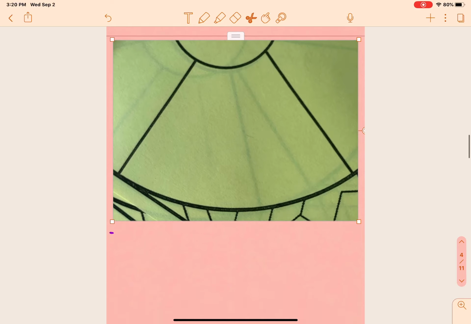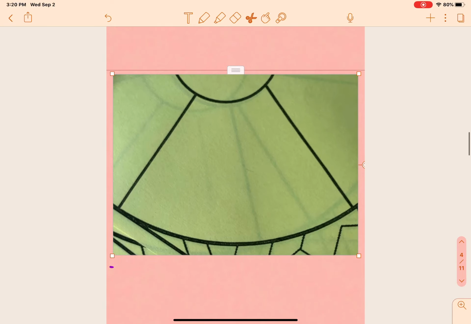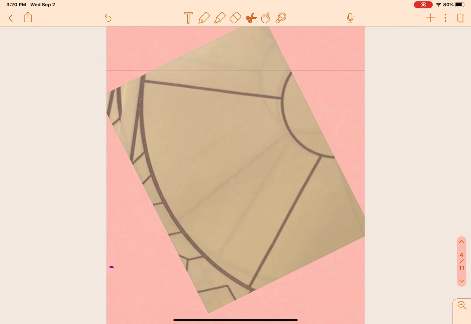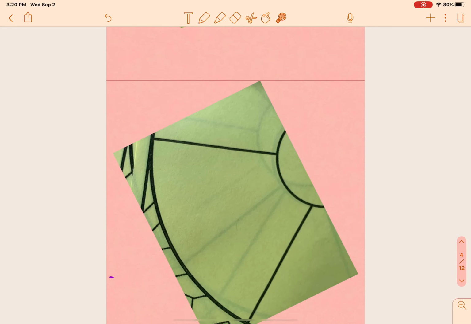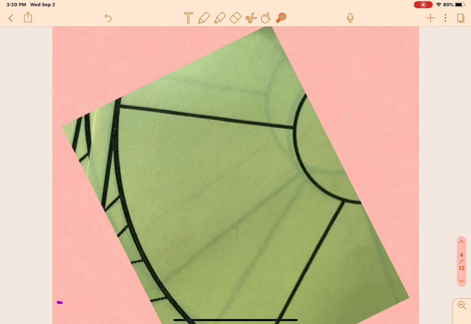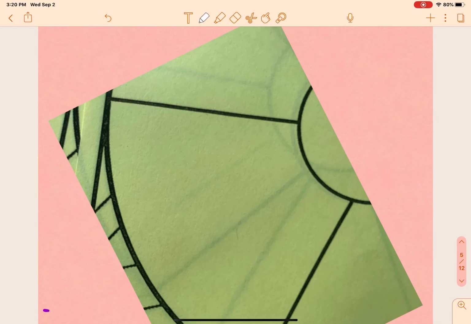I'm just going to turn this a little bit, if I can get the side of it here. There we go. See how I've done this now so that when I go to write, I've got a little bit more room here and a little bit further to solve. So the next one that I'm going to do is D.